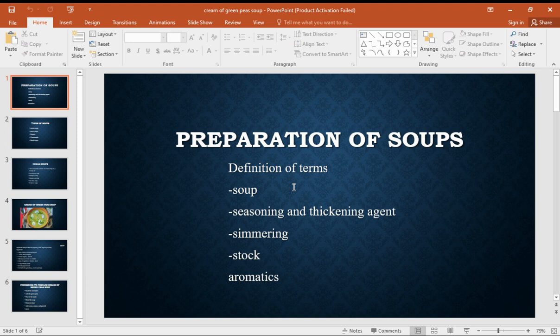So, a soup is a liquid food, especially with meat, fish, or vegetable stock as a base, and often contains pieces of solid food. We have seasoning and thickening agents.